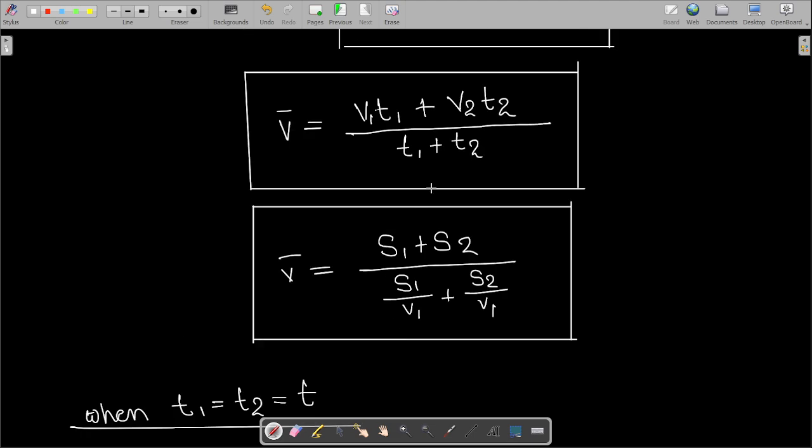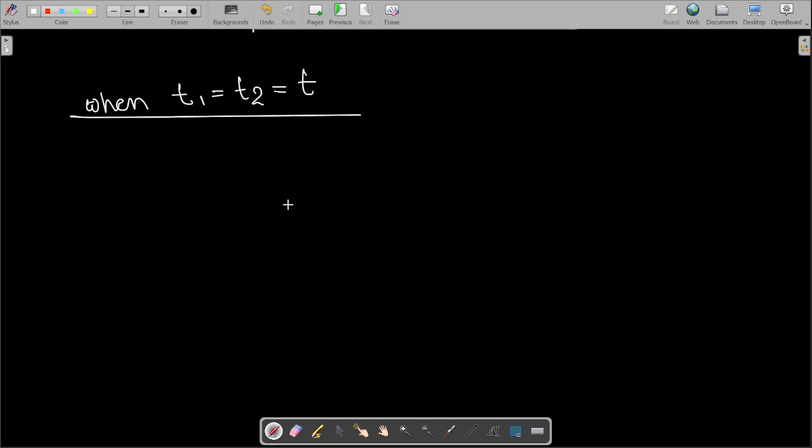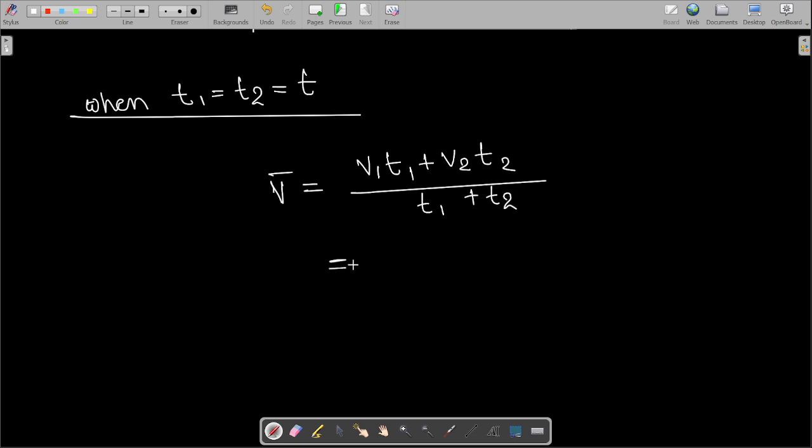As you saw, the time expression is coming, so we will replace the time with t. So v bar is equal to v1 t1 plus v2 t2 upon t1 plus t2. Now replace t1 with t and t2 with t also. It becomes v1 t plus v2 t upon t plus t.